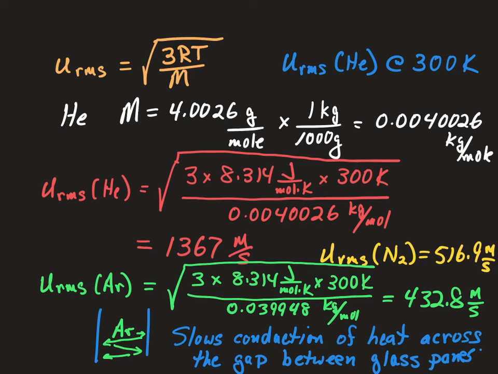So there is the practical application of knowing the root mean square velocities. The big thing is remembering the units for the molar mass have to be in kilograms per mole. That's essential when you're doing these problems.